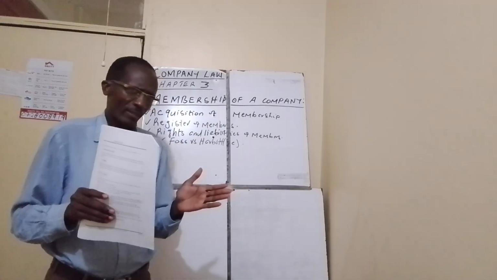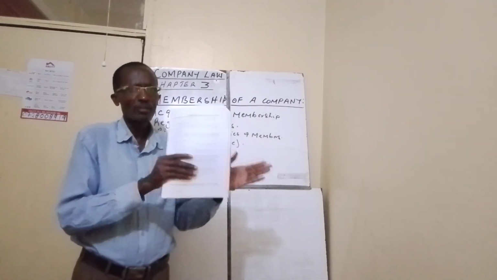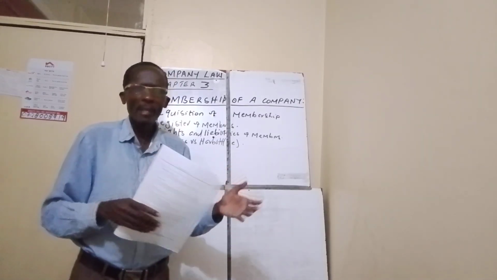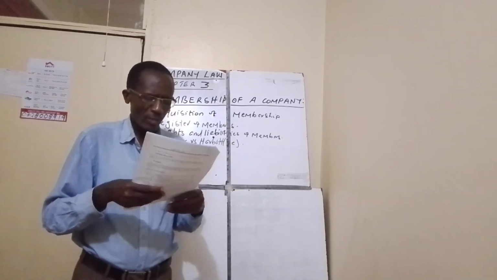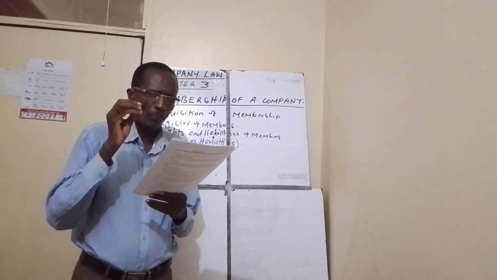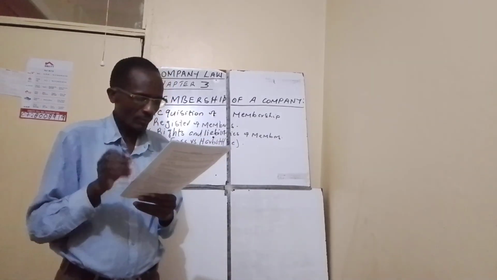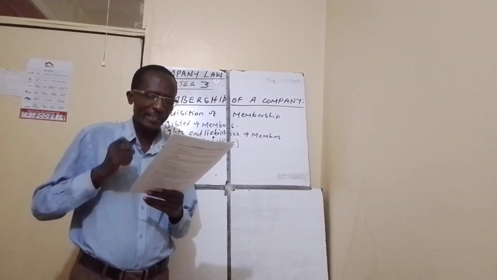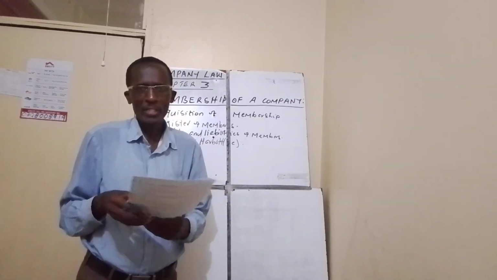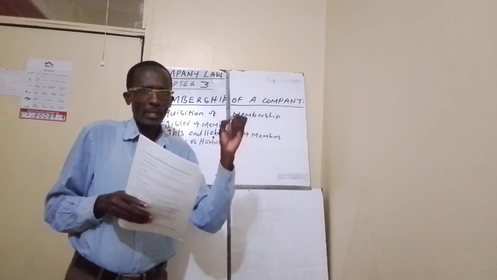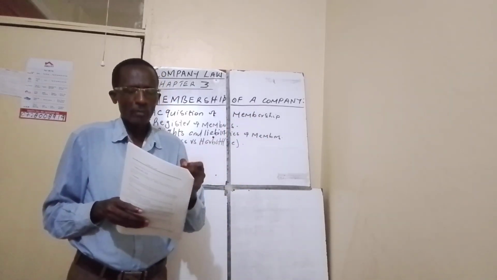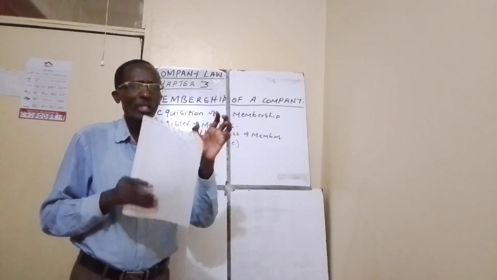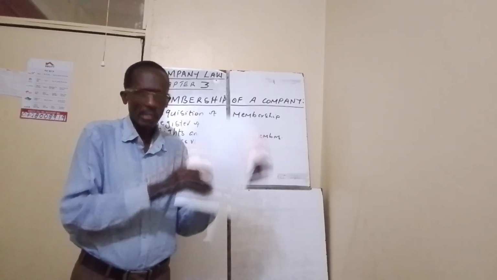So these are rights which are enjoyed by individual members. We refer to them as individual membership rights. These are rights conferred by law on members in their individual capacity as members. So if you are James and you have shares in company A, there are those rights which are conferred to you as James.